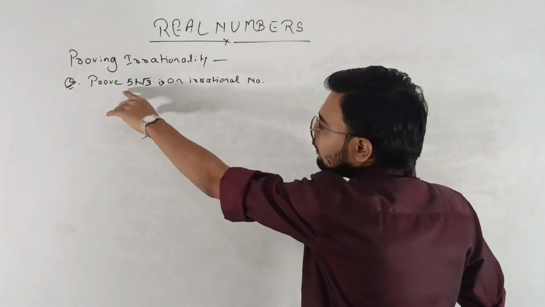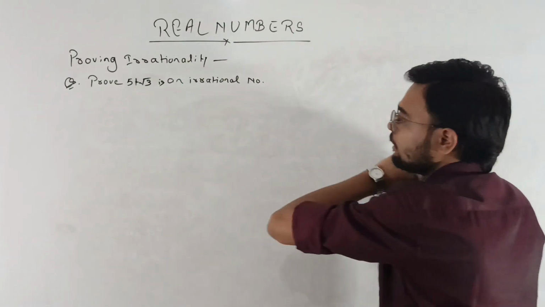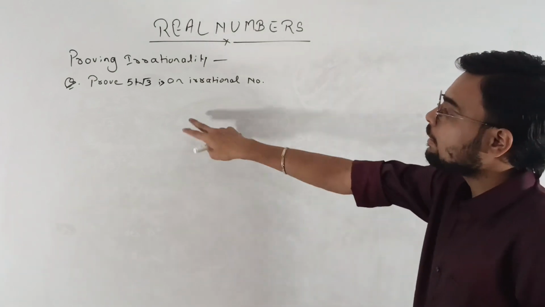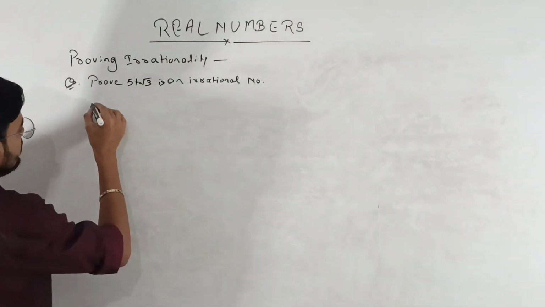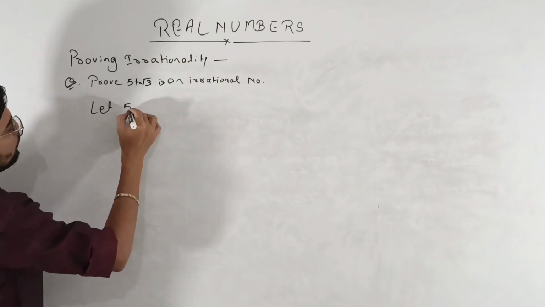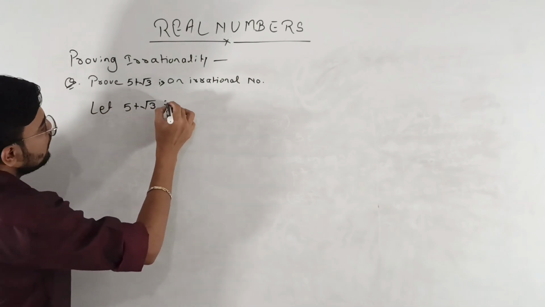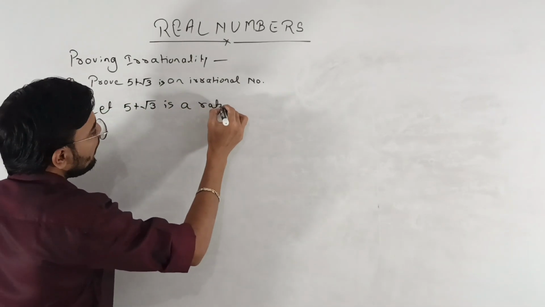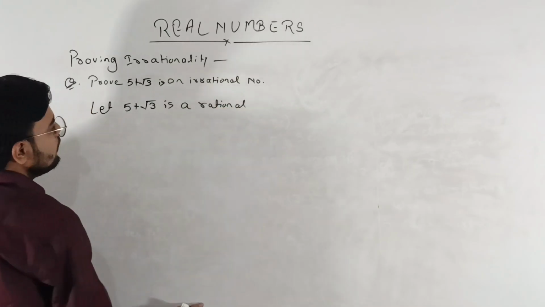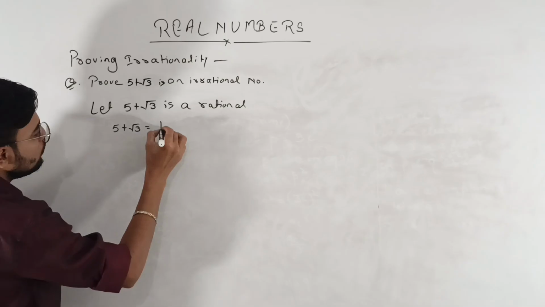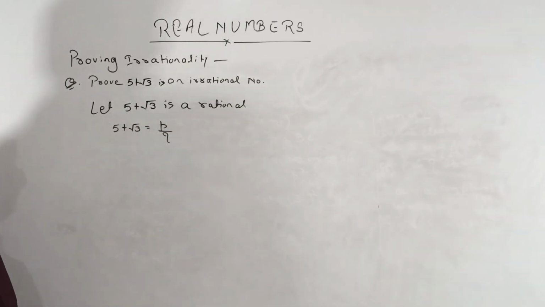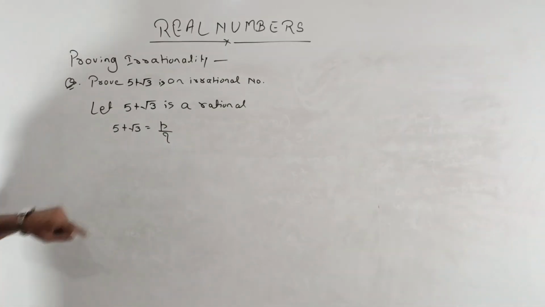Question is what? Prove that 5 plus root 3 is an irrational number. In this question we have to prove 5 plus root 3 is an irrational number. Then again same step. First we let 5 plus root 3 is rational. Then if 5 plus root 3 is rational, then I write 5 plus root 3 is equal to p upon q.